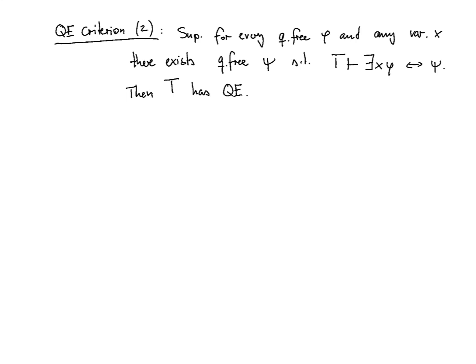So this tells us that if we can do it for existential quantifiers, we can do it for all formulas. And the proof of this is simply by induction on the height of phi, the height of a formula.